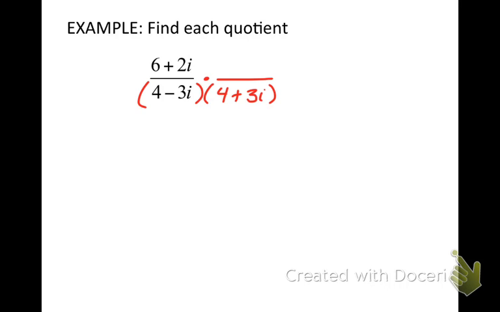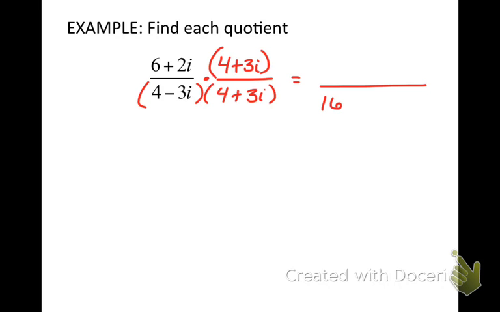You're just changing that sign. So if it's a negative, make it a plus. What you multiply by the bottom, you must also multiply the top by. So now we just have a bunch of foiling to do. The beauty of your denominator is my middle two terms will cancel out, so I don't necessarily need to do that. So 4 times 4 gets me a 16. My 12i minus 12i is going to go away, so I'm not even going to write it.